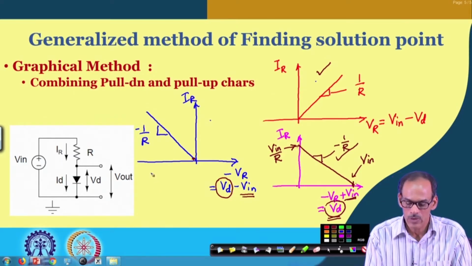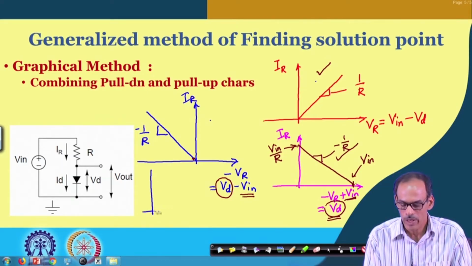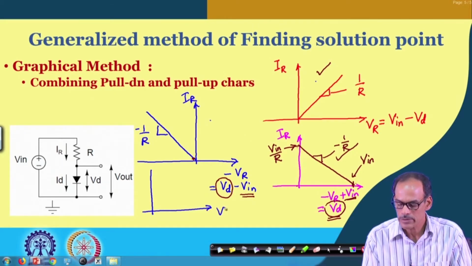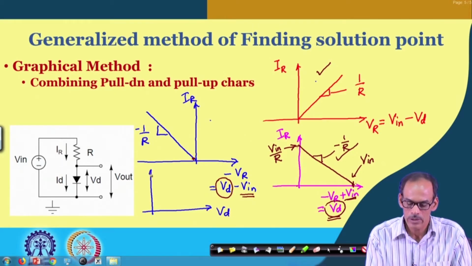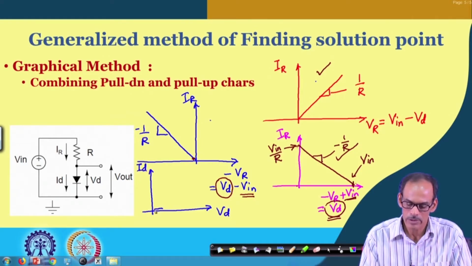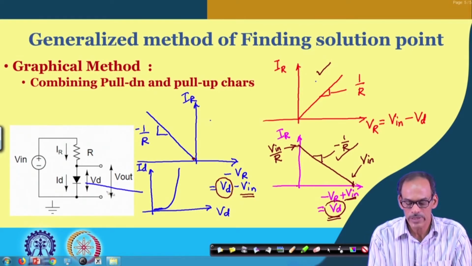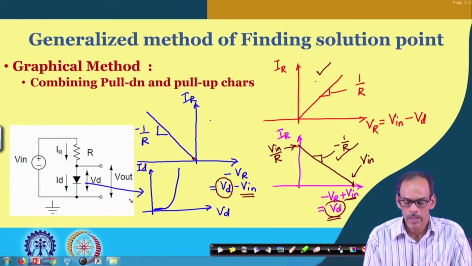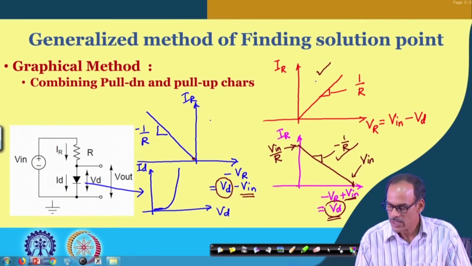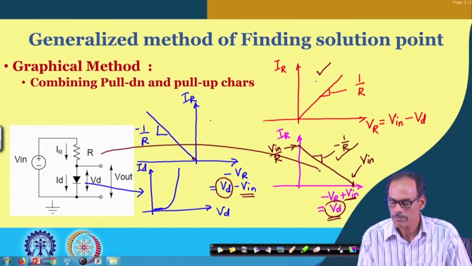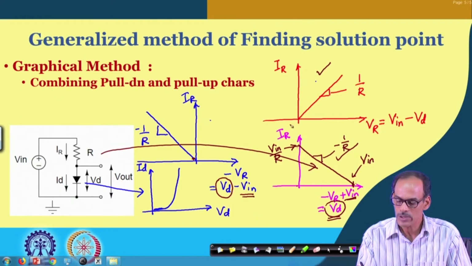If you recall, we do have the diode characteristic, which is V d versus I d, that remains exponential. Now, we do have the pull down element characteristic here, and the rearranged pull up characteristic there. And for both of them, the y axis and x axis exactly match.